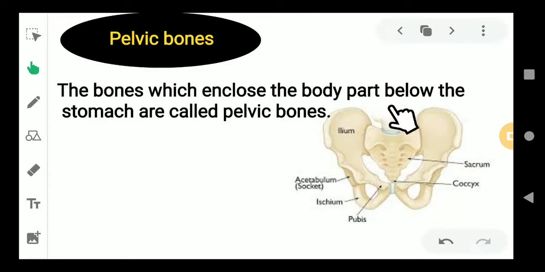This is the end of backbone. And just below that backbone we have a basin shaped structure, that is pelvic bones. Just below our stomach, and it is the end of backbone also.